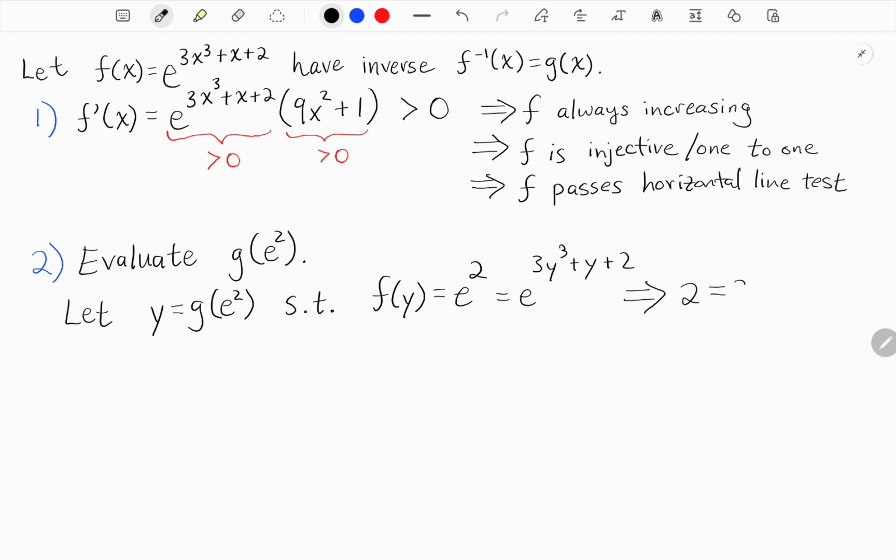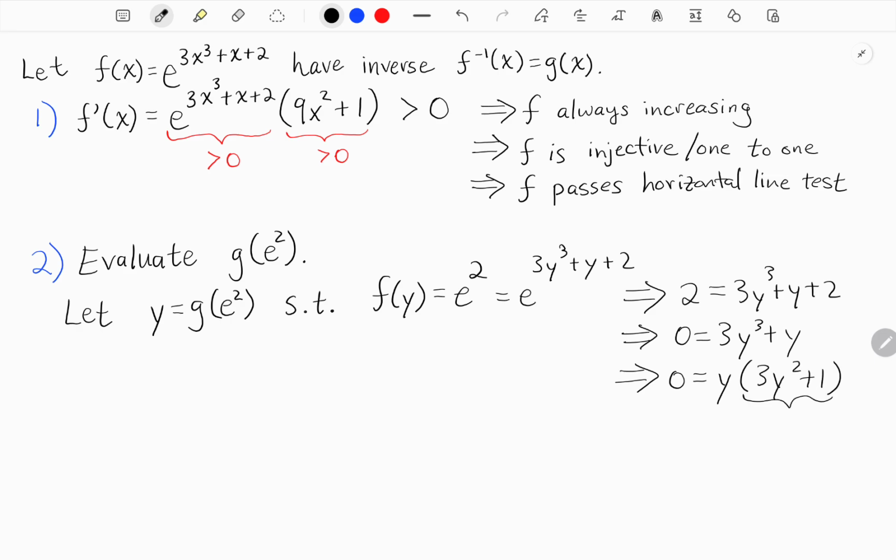So we have 2 is equal to 3y cubed plus y plus 2, which implies that 0 is equal to 3y cubed plus y if we subtract 2 on both sides, which implies that if you factor out the y, you get y times 3y squared plus 1, and we see here that this is always positive.